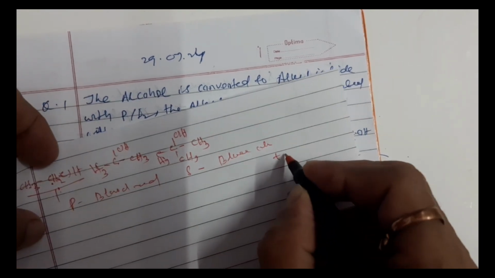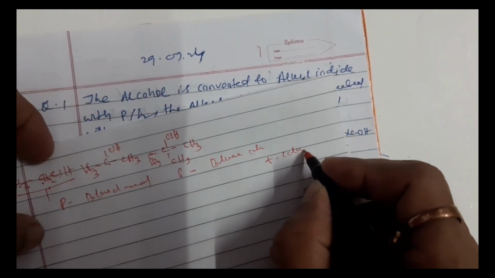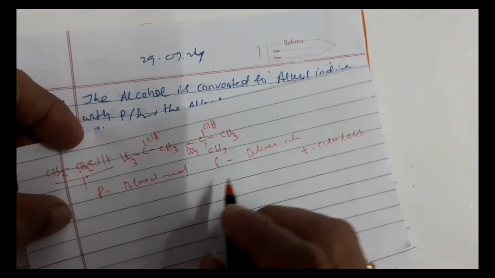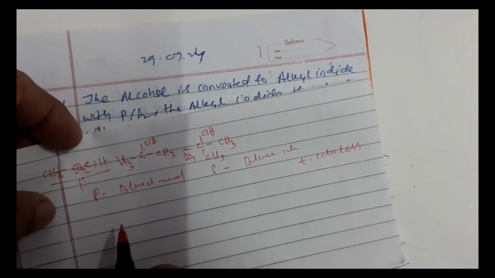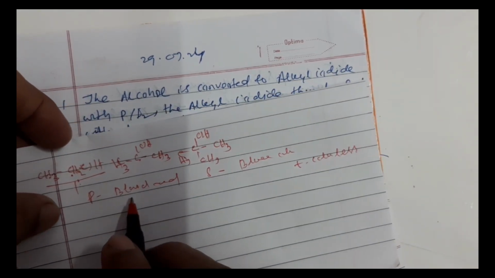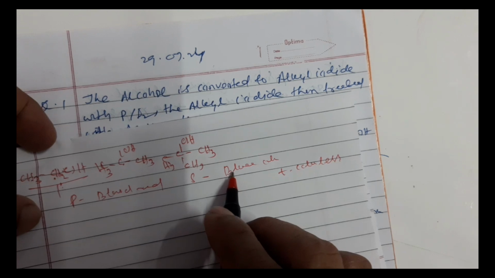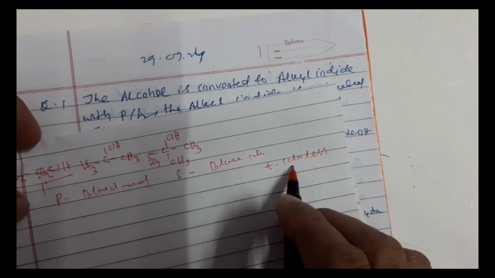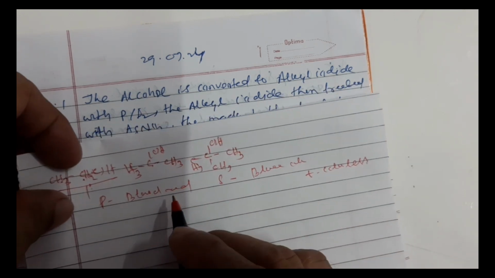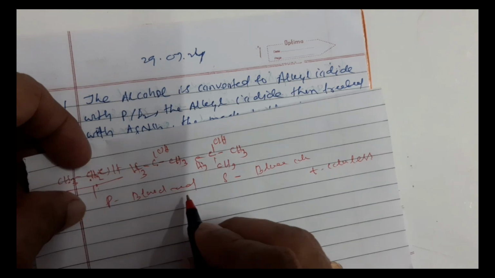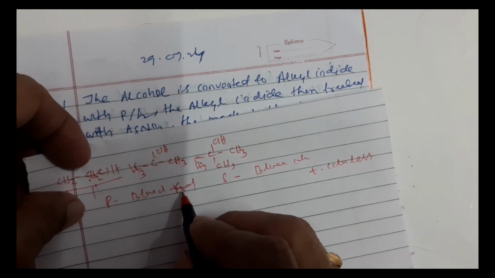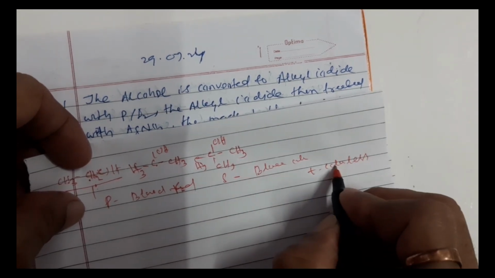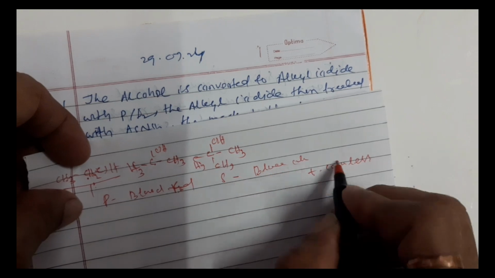For tertiary, you will get the colorless. Okay, so this is blood red, this is blue and this is known as colorless. So there is a trick to remember. You can say this is red, so RBC. You remember like this, RBC.